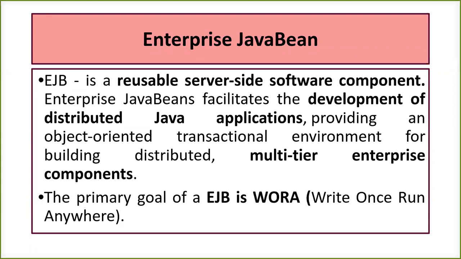Now I hope you know what you mean by Java Bean, because we have learned enough about this term in our third unit and even in the previous units. Specifically in the third unit, I told you what you mean by Java Bean.